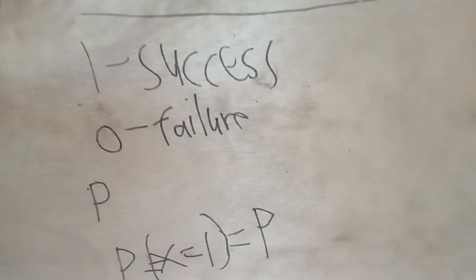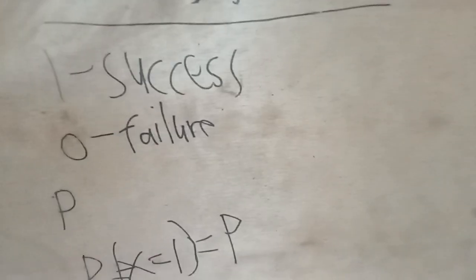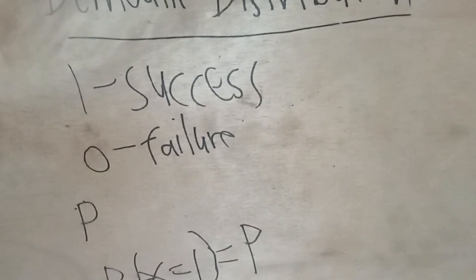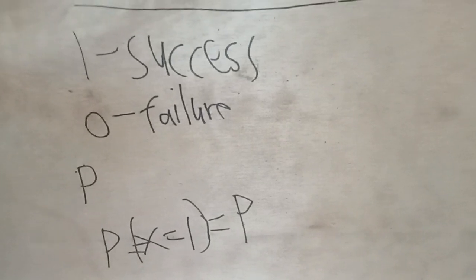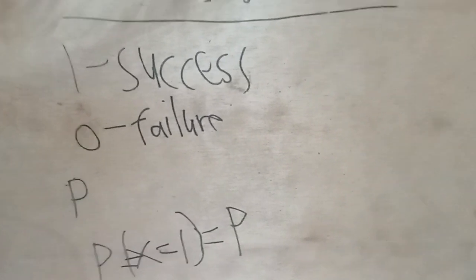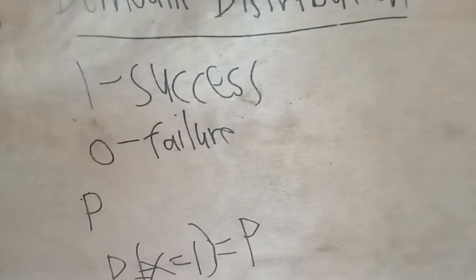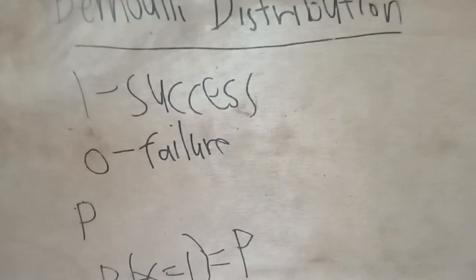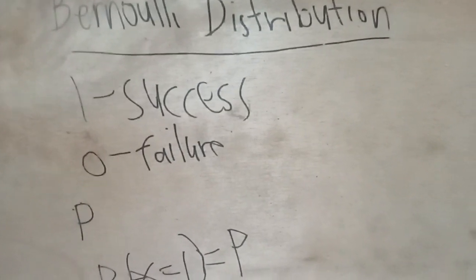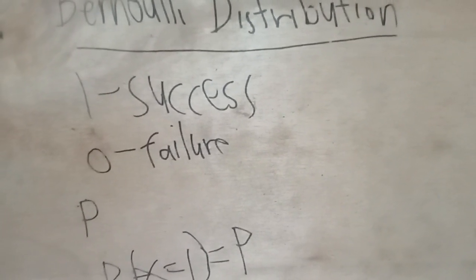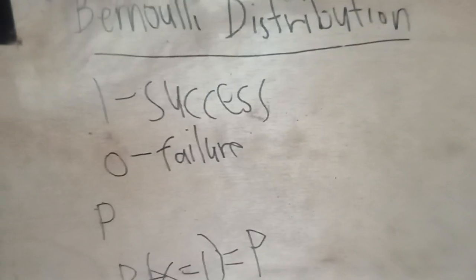If a situation results in either success or failure, yes or no, correct or incorrect, then it can be modeled using the Bernoulli distribution. We use the Bernoulli distribution when a process produces only two results.